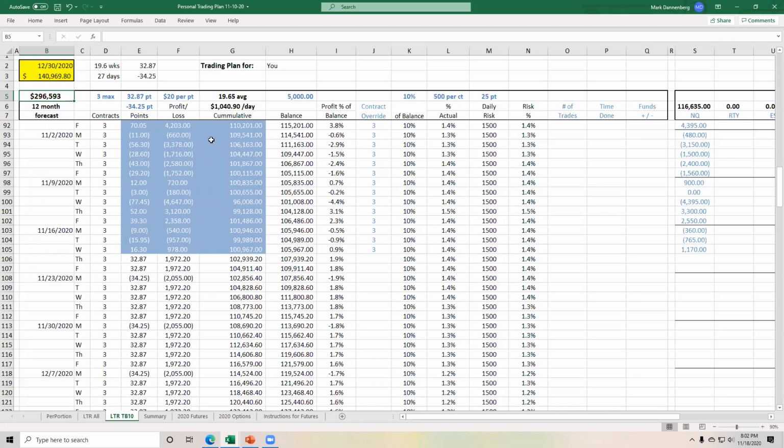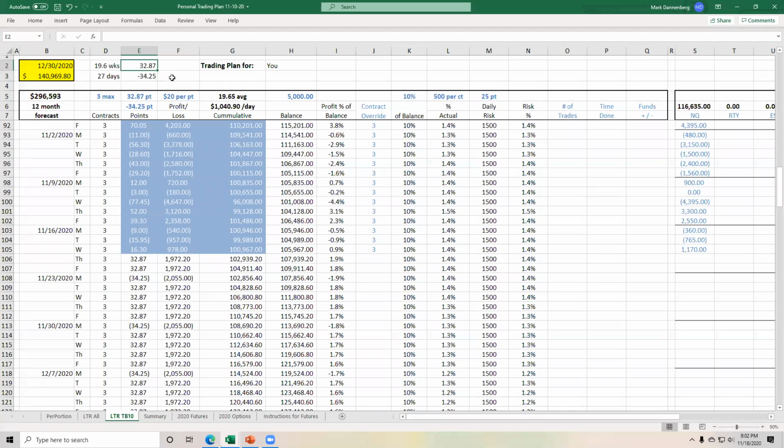Fred's saying, I'm unclear how the personal trading plan is calculated. Is it possible to show how it is calculated for today? So the personal trading plan is just simply mathematical projection using these run rates.